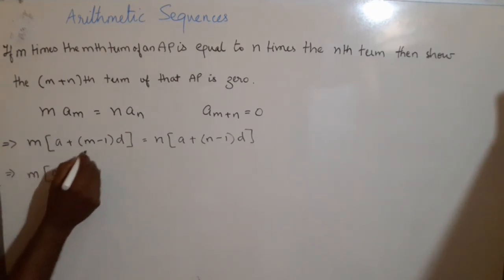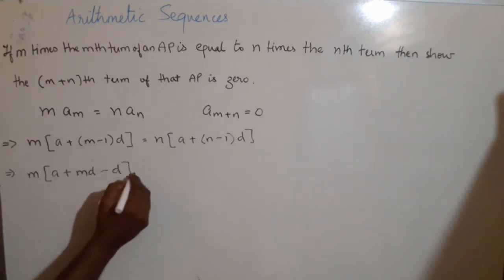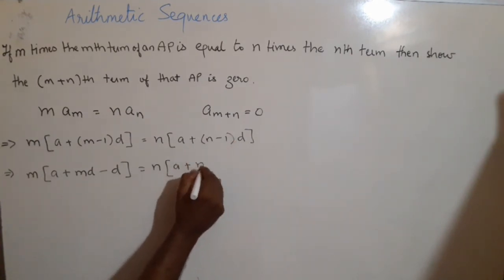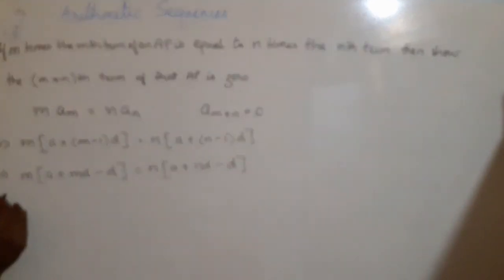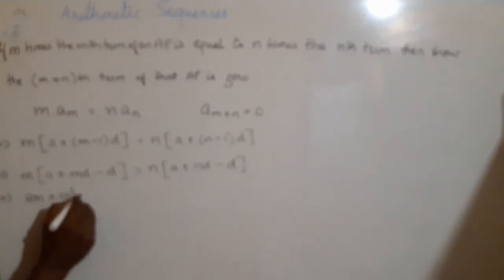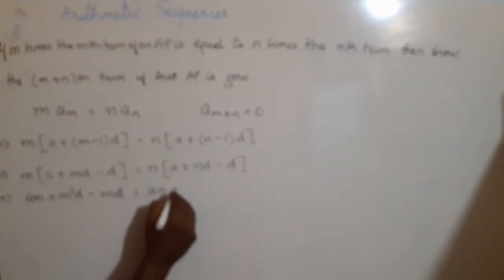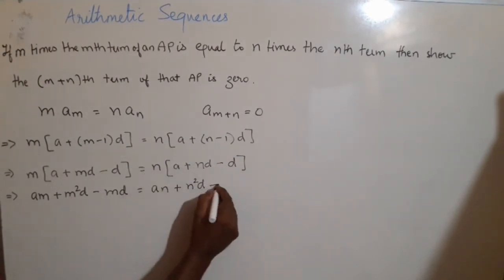Opening the bracket, we have A m plus m square D minus m D equal to A n plus n square D minus n D.